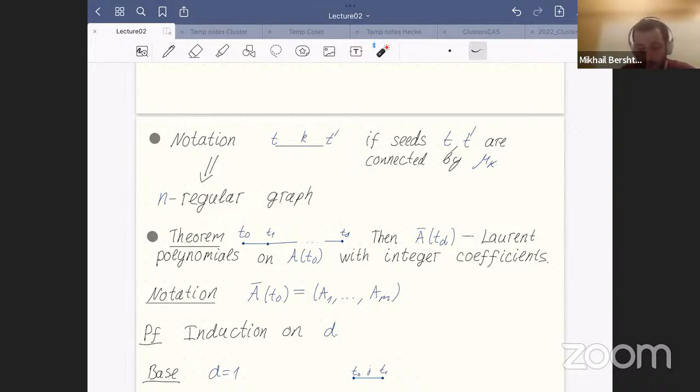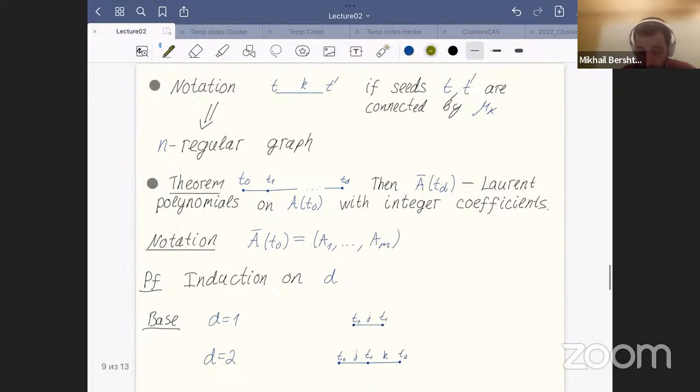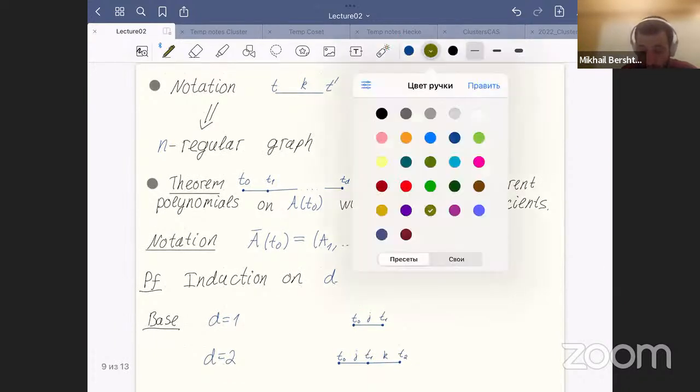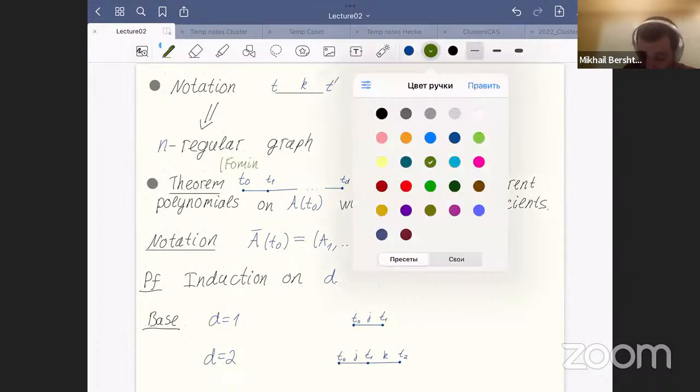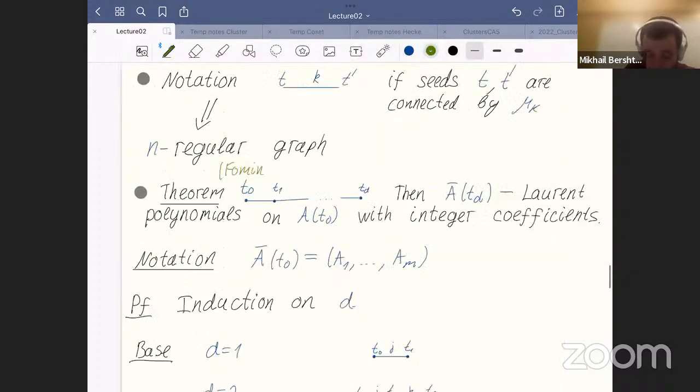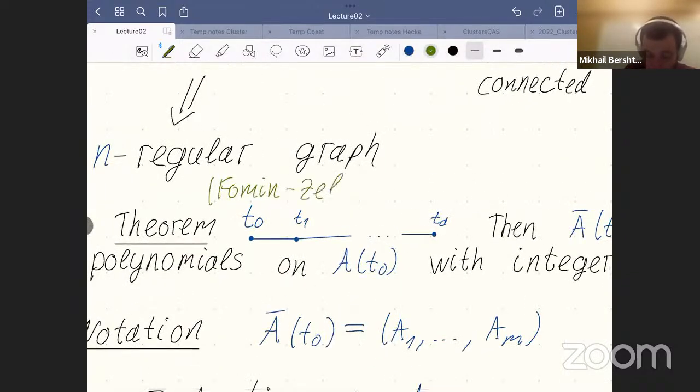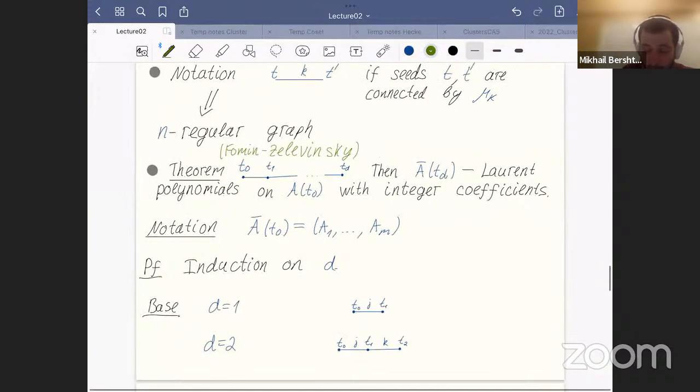Theorem. And this theorem, as many in the story, is due to Fomin and Zelevinsky. It is the following.